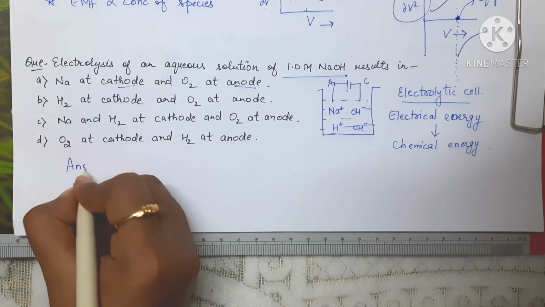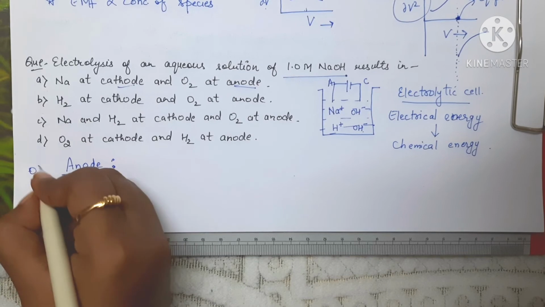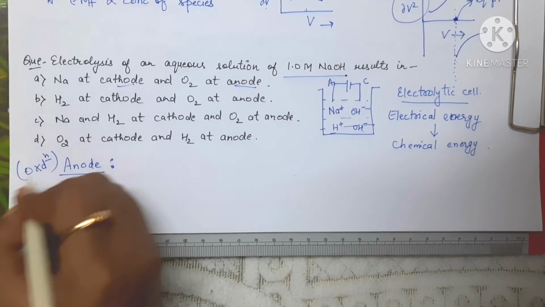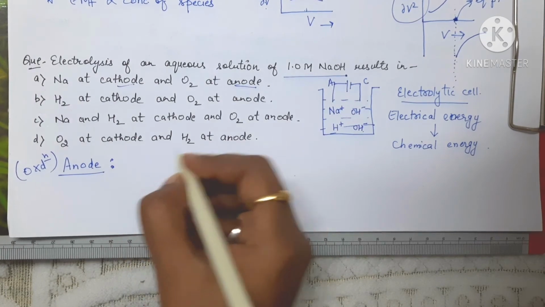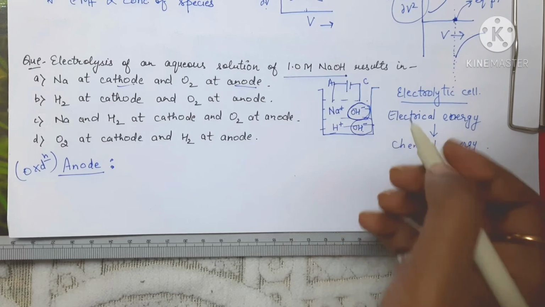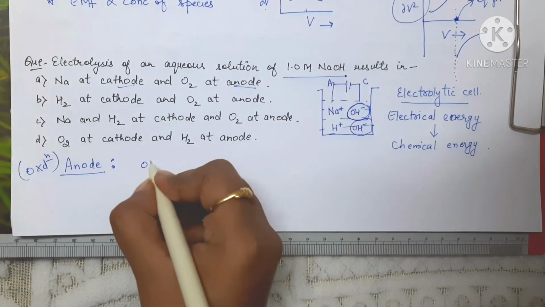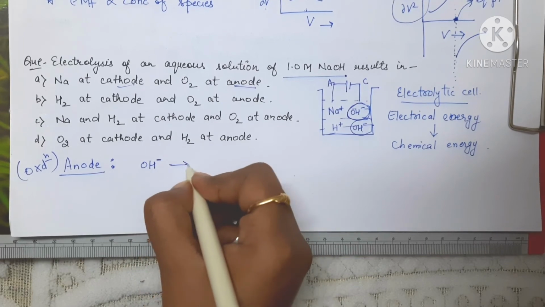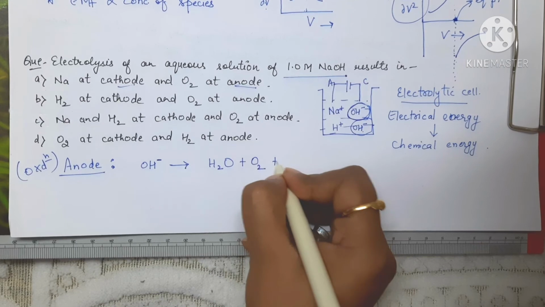So first, if we talk about the reaction at anode, remember at anode always oxidation takes place. Okay, so at anode what is going to happen is that we have OH negative ions, right? Due to NaOH also and due to water also, we have OH negative ions. So these OH negative ions will produce water plus oxygen plus electrons.